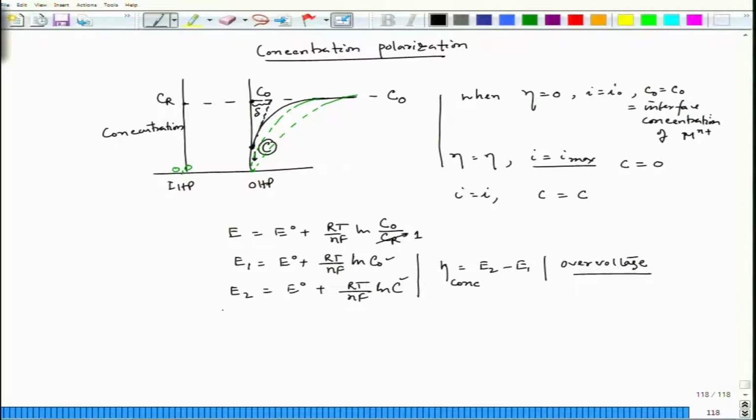Now, I can use Fick's first law here, J, which is the flux. I can write in this form moles per unit area per unit time equal to minus D dC/dx. I am considering steady state situation here.